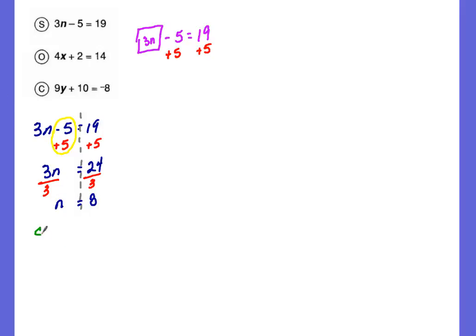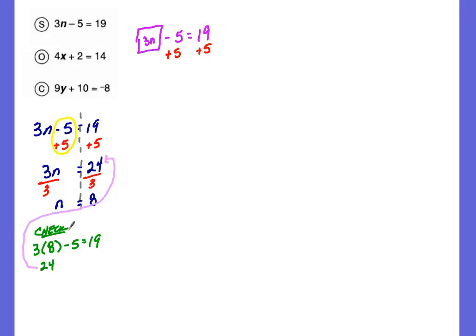I can check my work to see if that's true by saying, all right, if I had 3 and I multiplied it by 8 and then I took away 5, would I get 19? Well, 3 times the 8 is 24. That 24 should look familiar. It's right there.